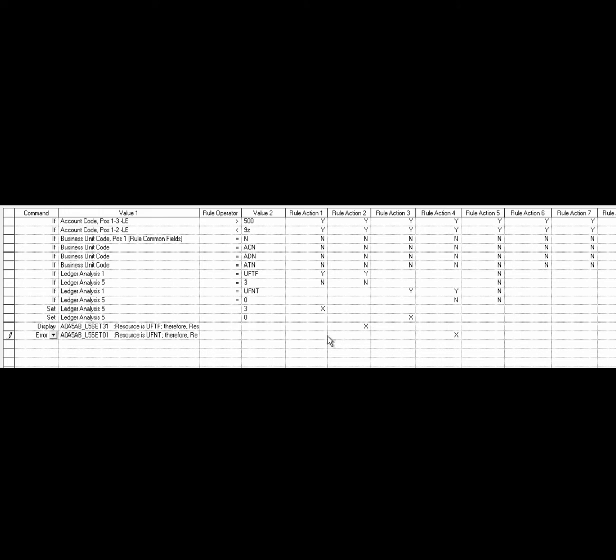Our topic last time was these conditional statements, if, or, if. Today's topic is on action statements. Now we have roughly 10 action statements that we need to get exposed to, but the three big ones we're going to cover in detail today are the display action statement, the error action statement, and the set action statement.